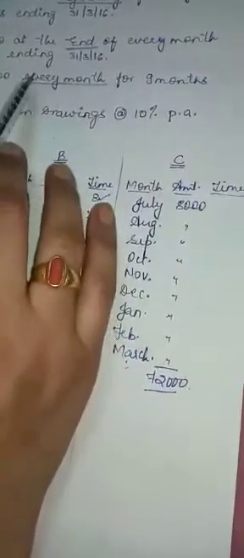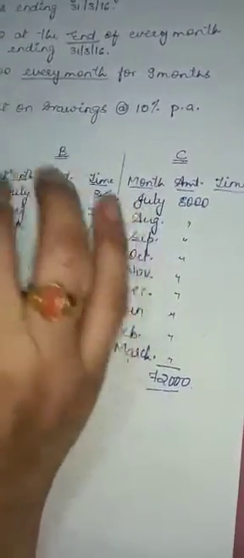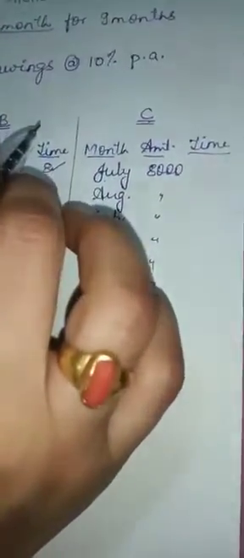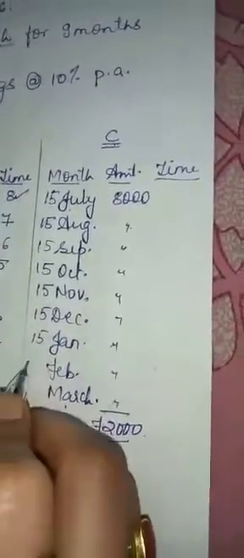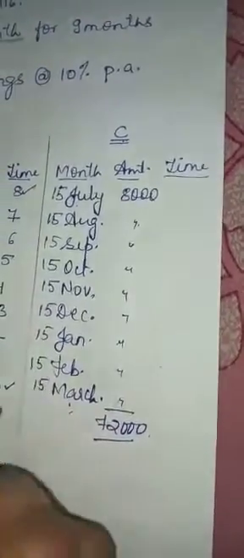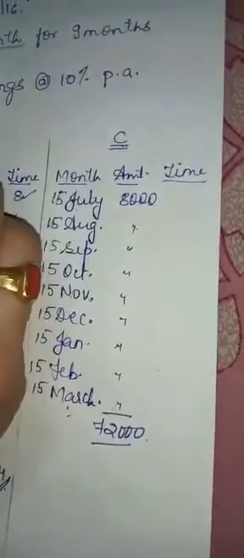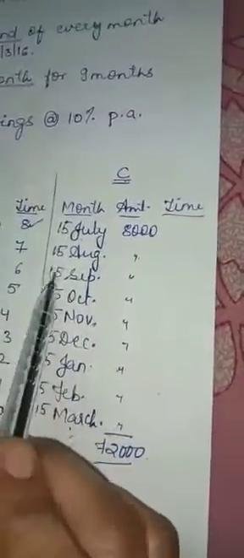In that case, we will take the middle of the month, that means the 15th of the month. So on 15th July he has withdrawn 8,000, on 15th of August 8,000, 15th September, 15th October, 15th November, December, January, February and March. When the time period is not mentioned, we take the middle of the month.